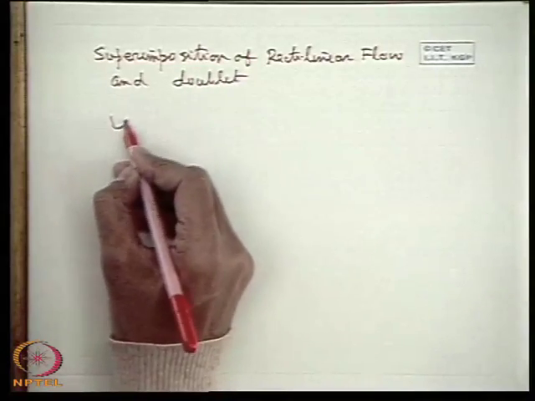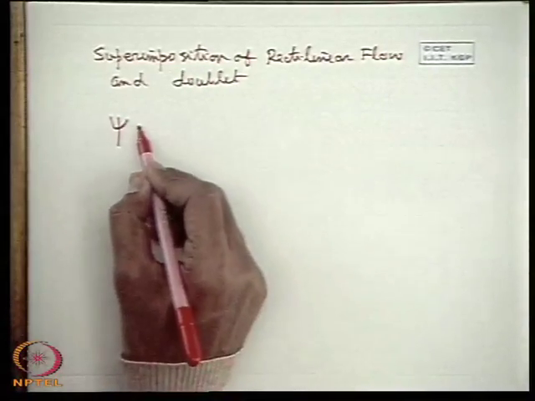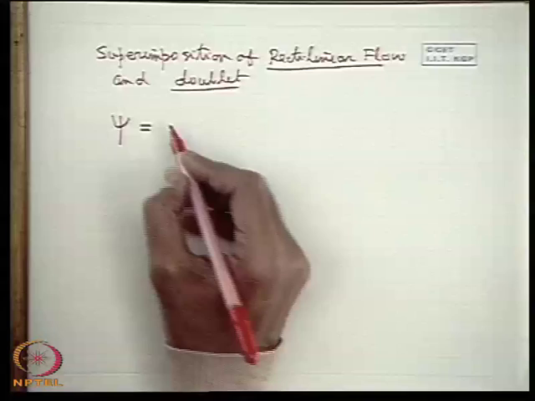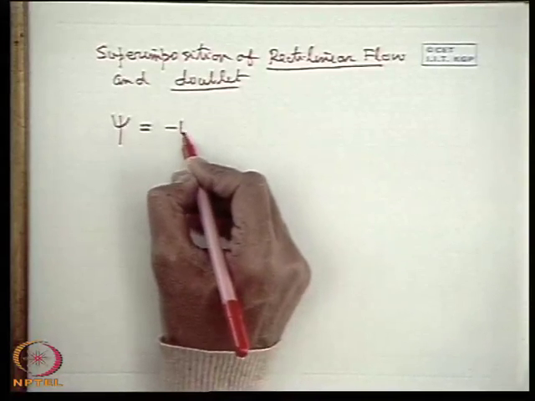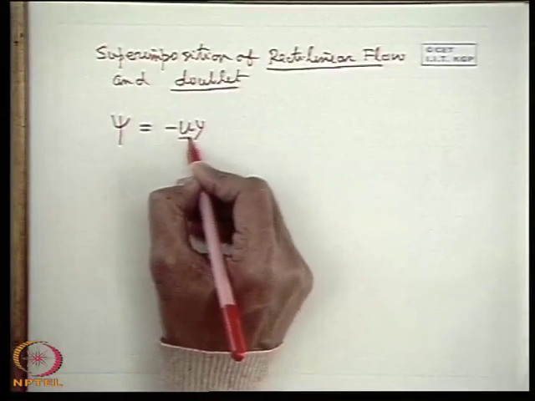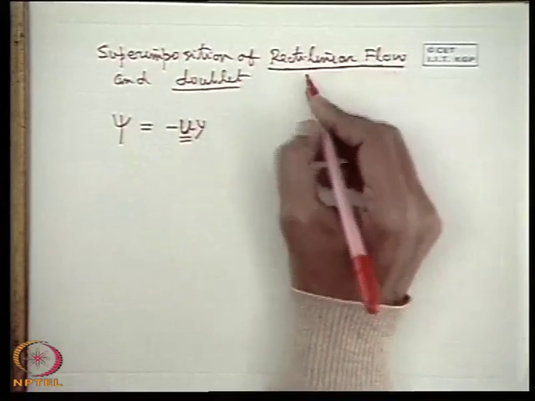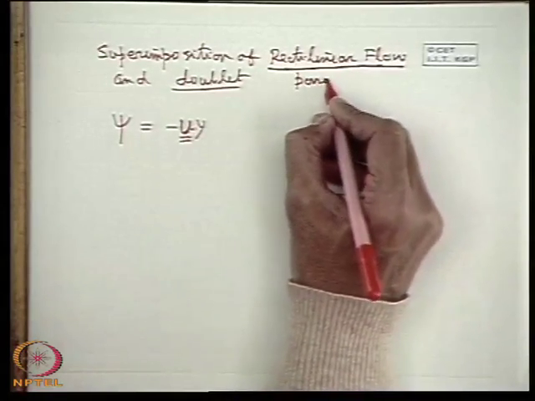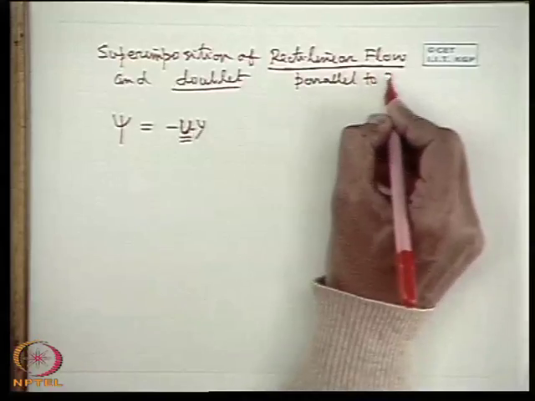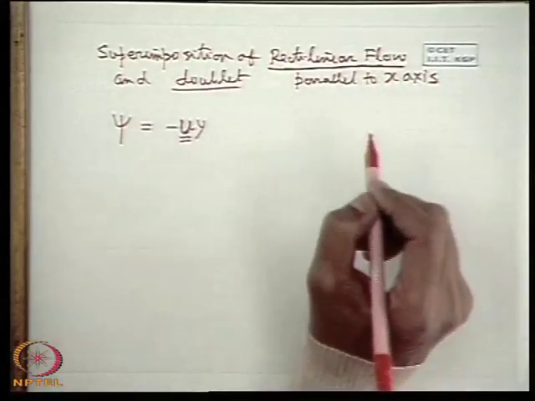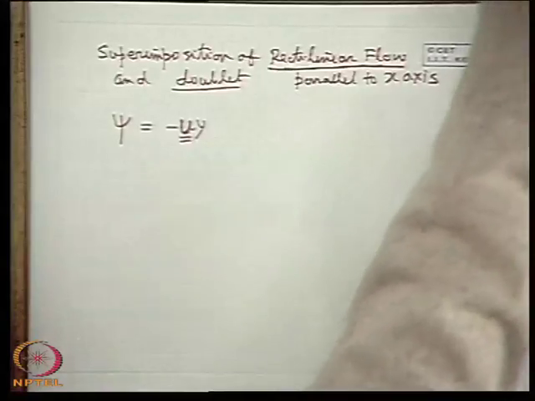The superimposition of these two flows gives the stream function for the resultant flow, which is the sum of the stream functions for rectilinear flow and that of the doublet. Rectilinear flow, if you recall, the stream function is given by uy, where u is the velocity of the rectilinear flow, but here rectilinear flow parallel to x axis. So it is the superimposition of a rectilinear flow parallel to x axis and the doublet.